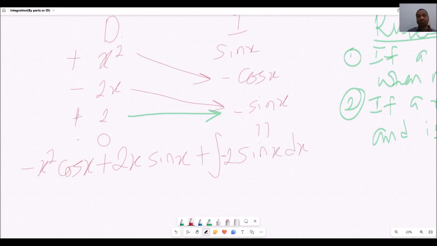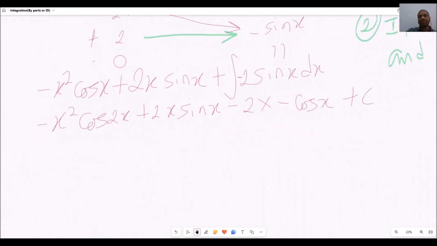So that's the first rule. If you can integrate a row when you multiply them, this will be minus x squared cos x plus 2x sine x. The minus 2 will come out, so minus 2. And when you integrate sine x, you get minus cos x plus c.